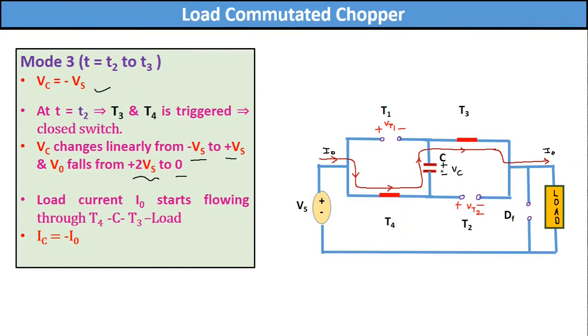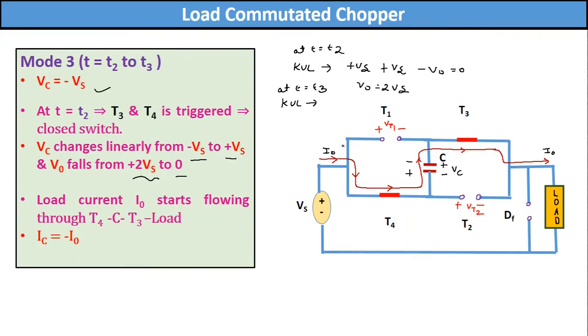Okay, so when we apply KVL in this loop, what we will get? By KVL we will get plus Vs, then here again plus Vs, then minus V naught is equal to 0. V naught will be equal to 2Vs. Now when the capacitor changes its polarity to plus Vs, that means the upper plate will be negative and the lower plate will be positive. Then again if we apply KVL, what will be our equation at time t is equal to T3? This is at time t is equal to T2.